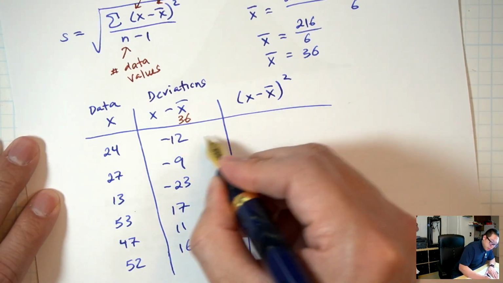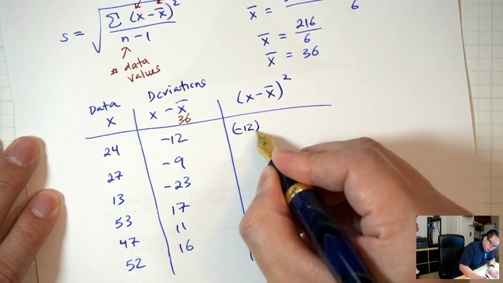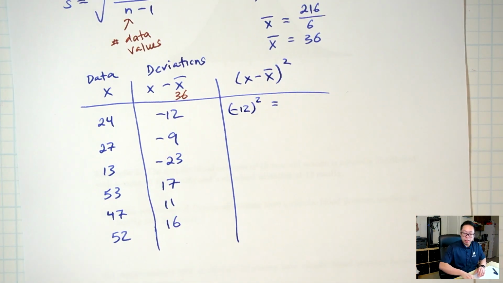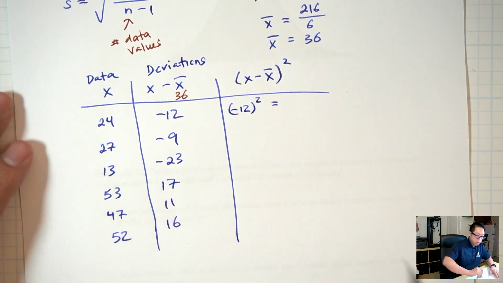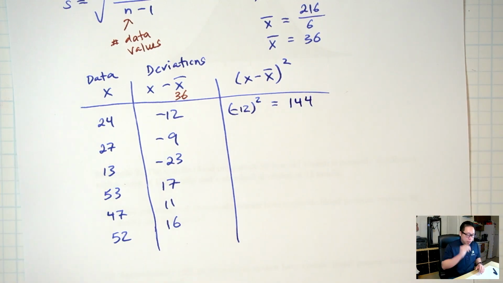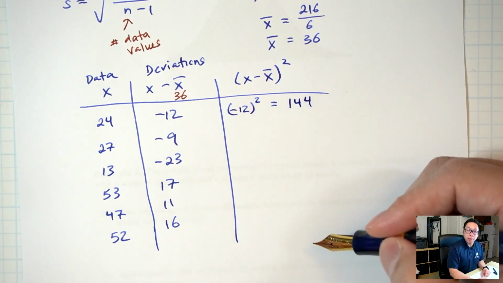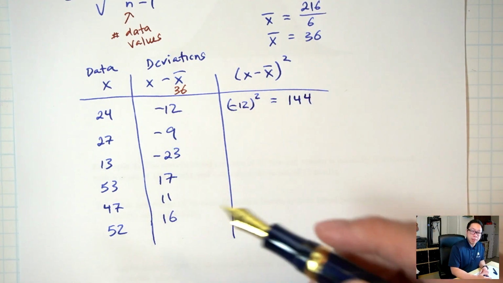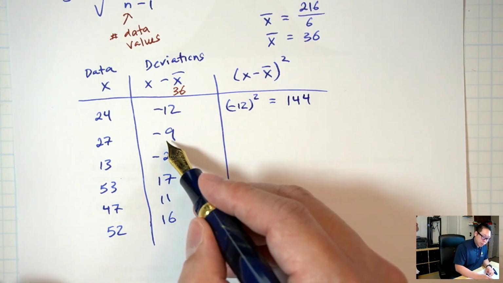So negative 12 squared. That's negative 12 times negative 12, positive 144. And you're always going to get positive. Remember, that's the idea of squaring it, was to get rid of these negatives, right? Next up is negative 9 squared.